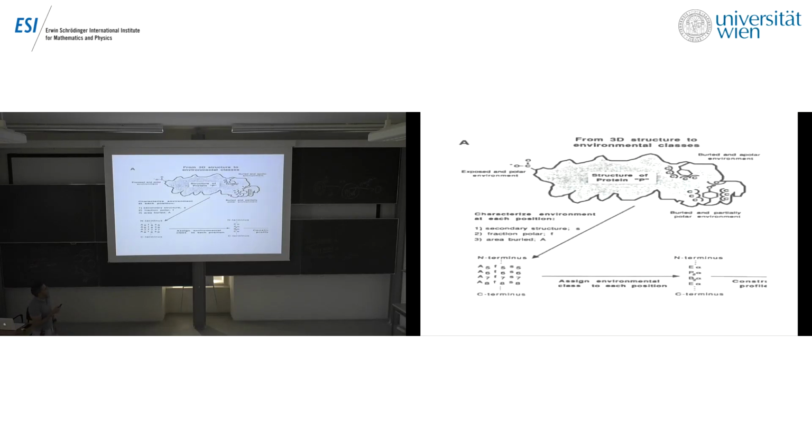And this part is exposed, and only exposed, okay? No atoms above it or under it. So these are the three classifications, and then we determine the secondary structure. Which secondary structure will this amino acid take in this environment? Alpha or beta or random coil? Okay.